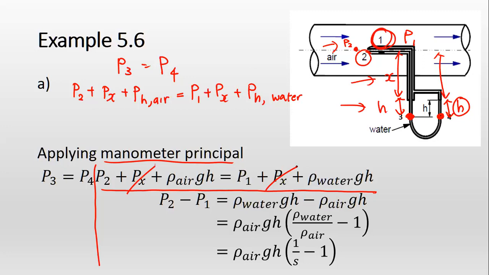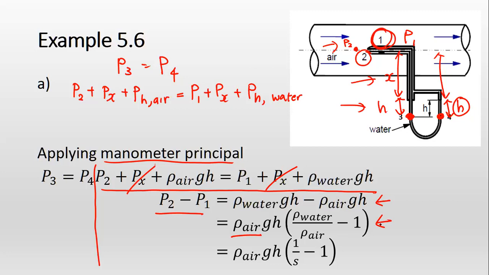Shift the P2 minus P1 to the left-hand side, then all the other terms to the right. We factorize out the rho air, and inside becomes like this.